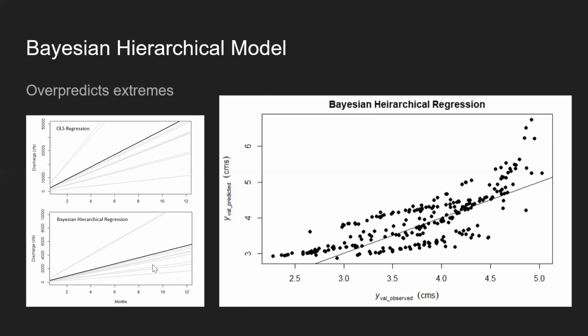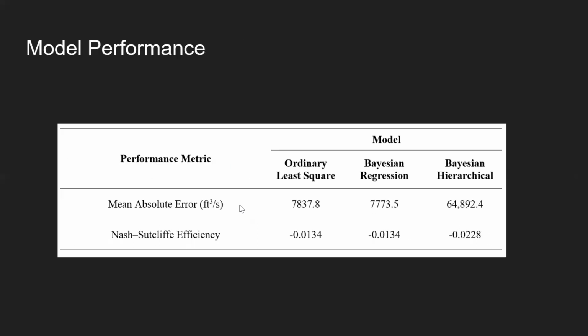So we can see that the mean regression line here, or the solid line here, goes down in the slope or the steepness in comparison to the OLS regression.